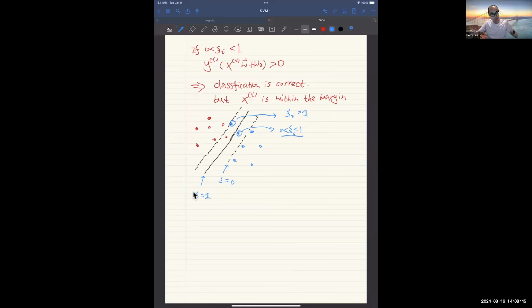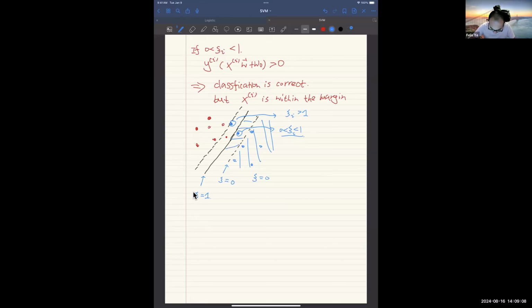And for the color of the blue situations, everything here will be c equal to 0.